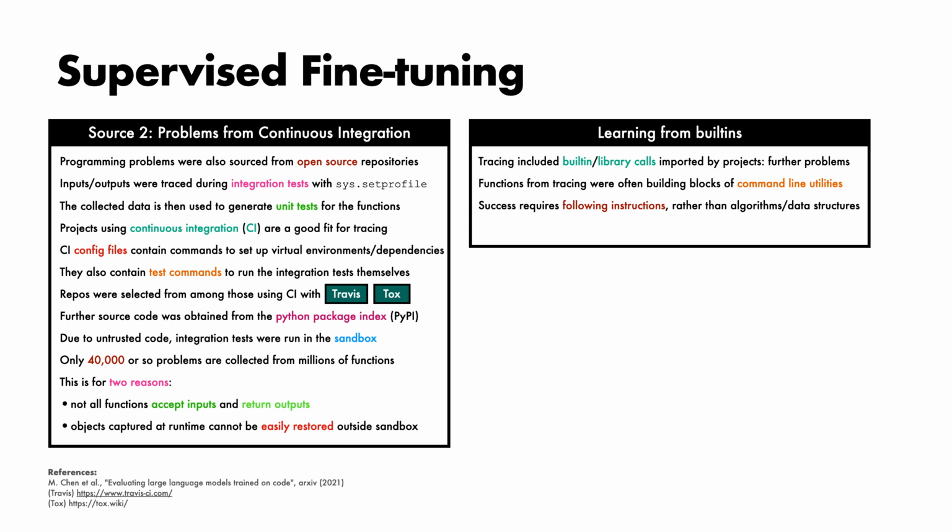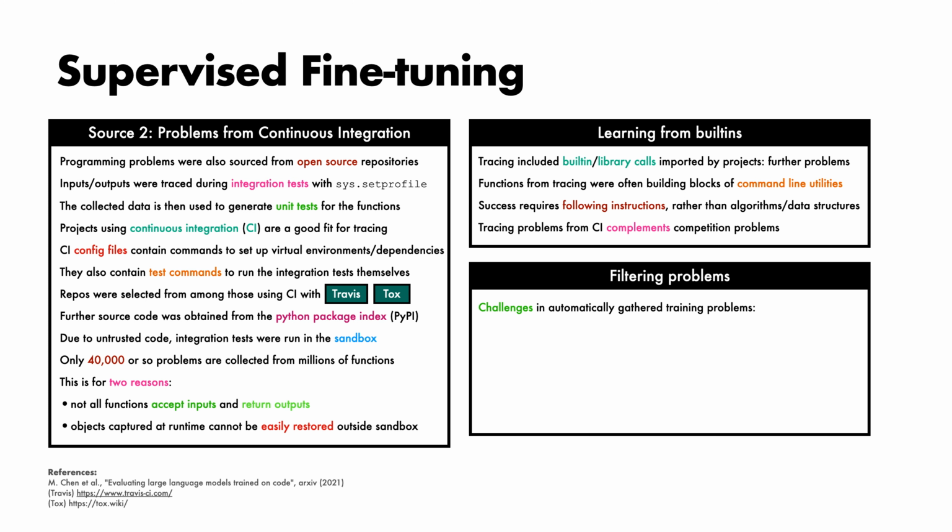It's perhaps worth noting that to do well on these problems, the model needs to be able to follow instructions specified in the docstring, rather than possessing skills in advanced algorithms and data structures. In this regard, the collection of problems traced from continuous integration tests are complementary to those obtained from interview preparation and coding competition websites.